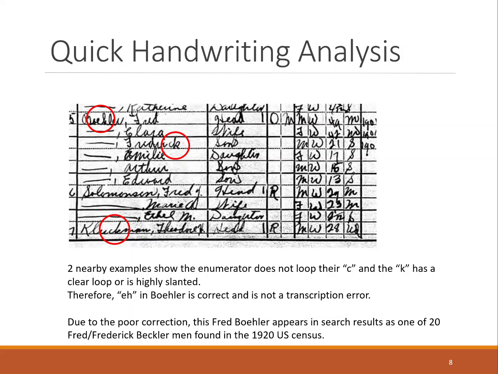I don't have it here, but in another video about more effective research, we find an entry in the census for Sarah Bunny, but it's in the census spelled SORE, and that is what the enumerator wrote into the census.